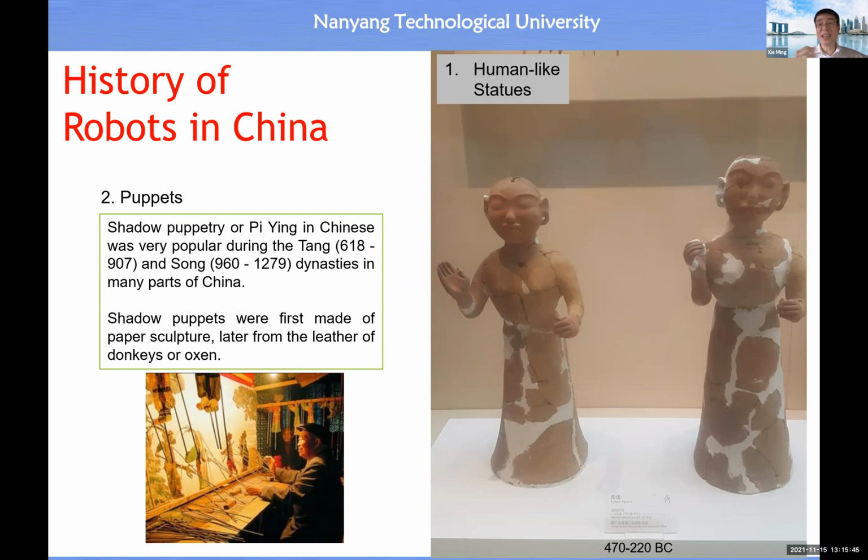Then you will see in terms of working principle, they follow exactly the same scheme or same principle. So it's very interesting to see that this very old working principle still plays a very important role in today's robotics industry.